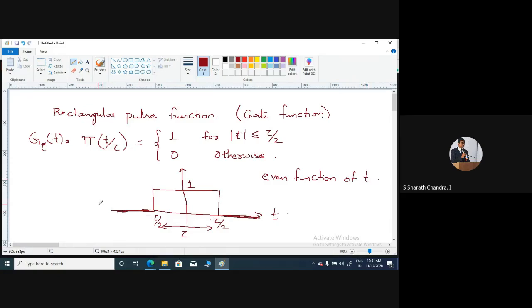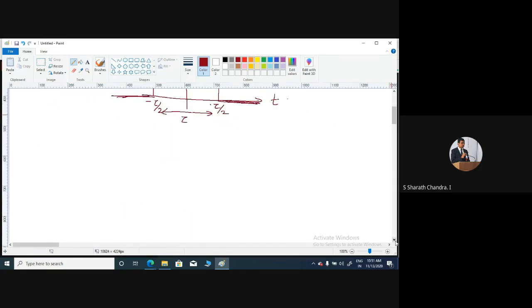Similarly, we shall define another function that we extensively use in our discussions, that is the Signum function. The unit Signum function, generally represented as Sgn of t, is equal to 1 for all t greater than 0, and equal to minus 1 for t less than 0.